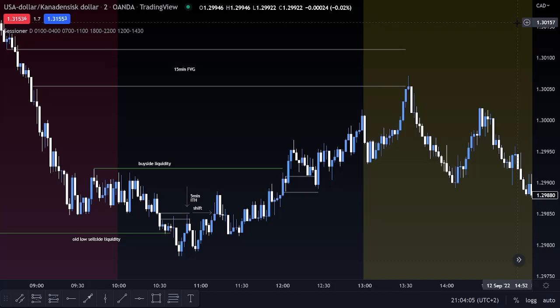So when price was reaching this level down here, this old low, daily low, do we get a reversal pattern? Yes, we see price attacking the low here, so it's digging into the sell side here, shifting here. This high here is a 5-minute intermediate term high, rebalancing a fair value gap here. So when price trades above it, we get a market structure shift.